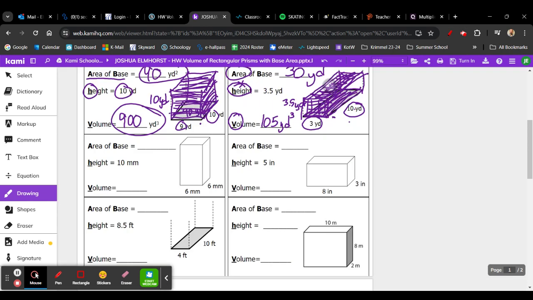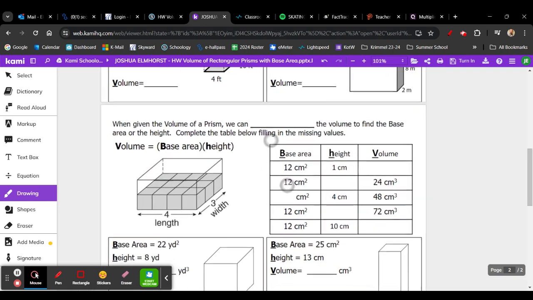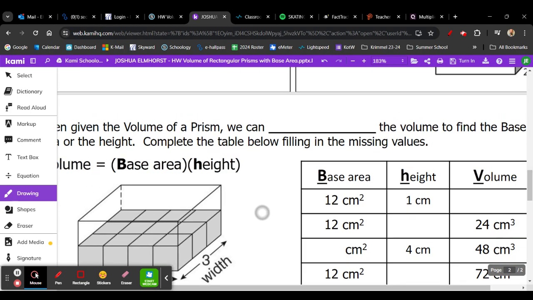So finish the front, use the labels. When you get to the back, when given the volume, and you need to find the other things, you can divide by the volume to find the base height or the base area or the height.